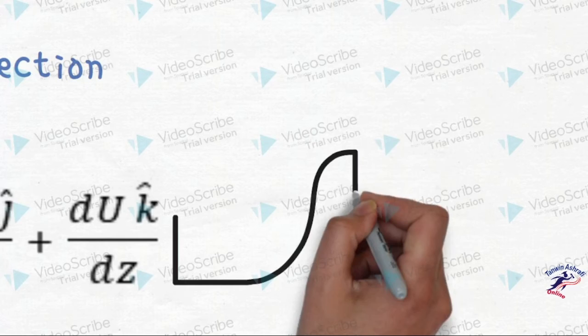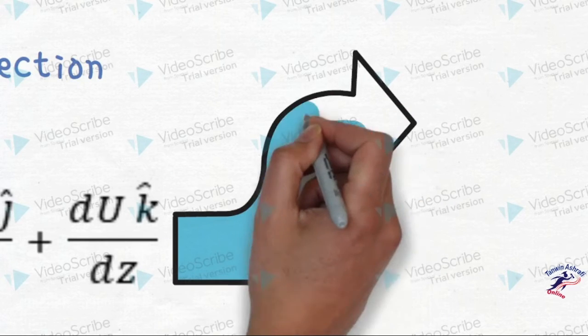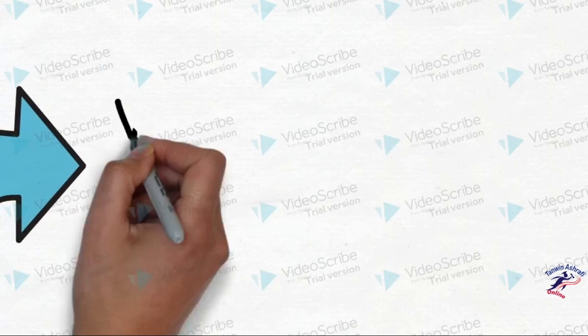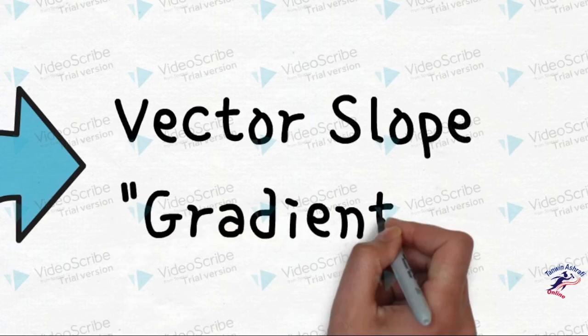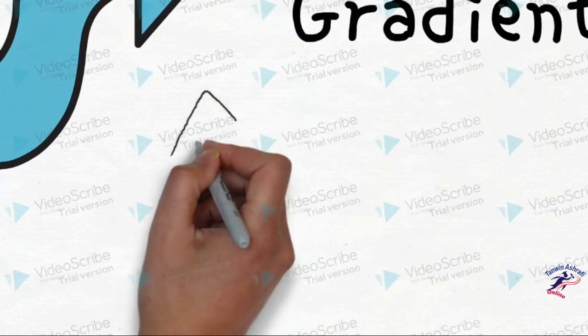That leads us to think about the vector slopes. That means gradient. Yes, gradient.